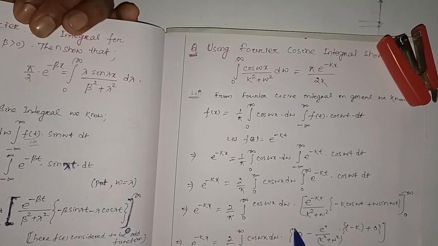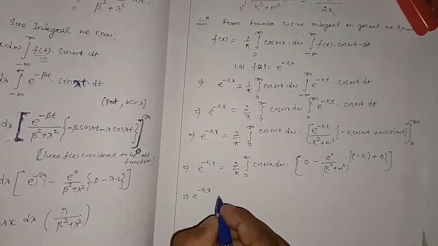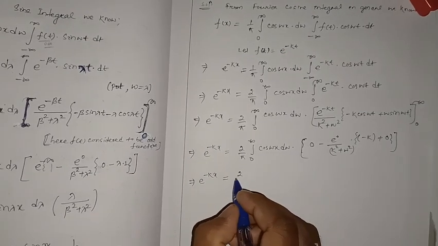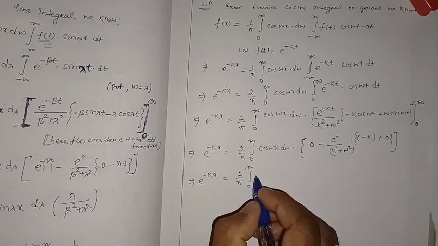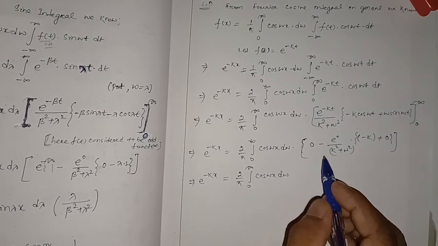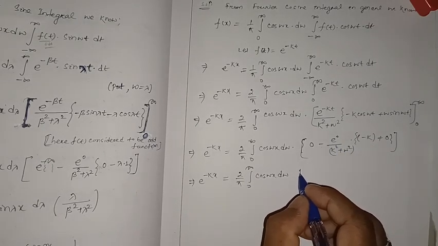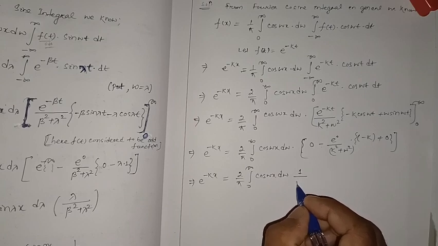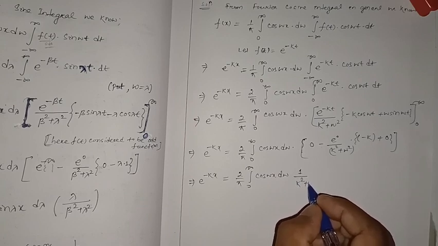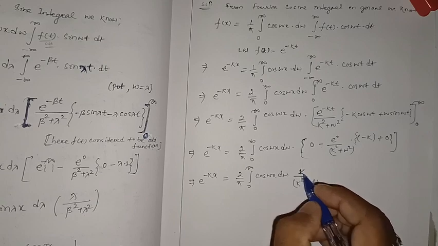So that implies e to the minus kx equals 2 by pi, integral 0 to infinity cos omega x d omega. Here we found, this is minus minus plus, so it will be 1 by k square plus omega square into k, actually k by.